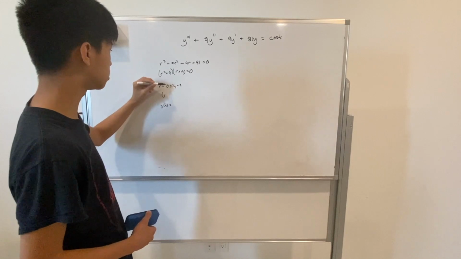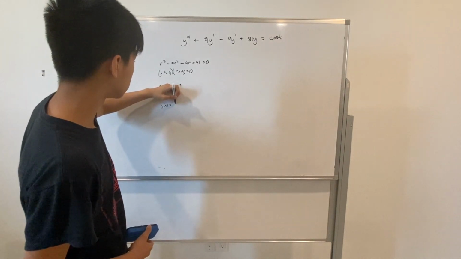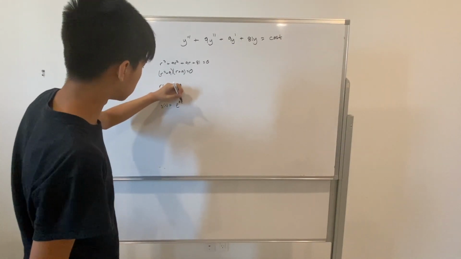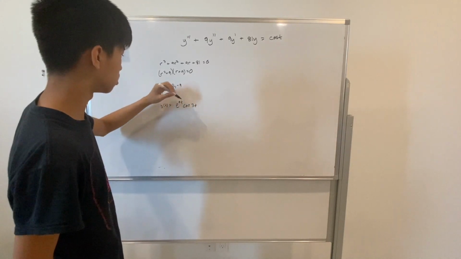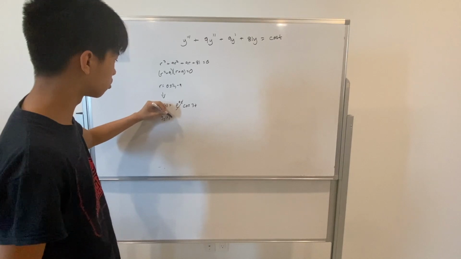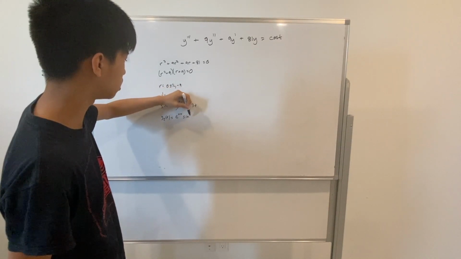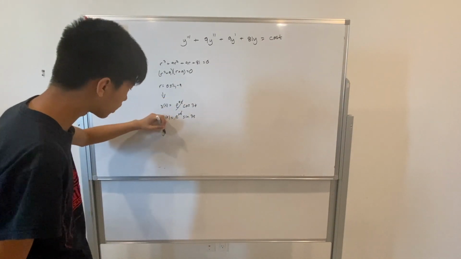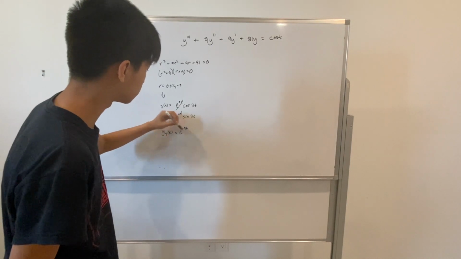So y1 of t, we'll just take positive 3i, we get e to the 0t cosine of 3t, or just cosine of 3t. We get y2 of t equaling e to the 0t sine of 3t. Again, that's just 1, and y3 of t is equal to e to the negative 9t.